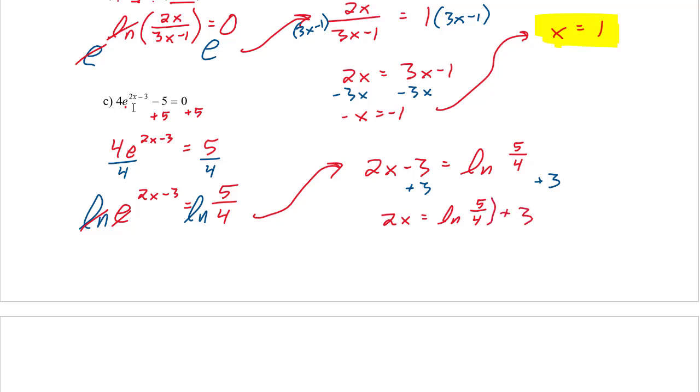Just to make sure that the 3 is outside, maybe I'll introduce a parenthesis to close that natural log. And then the last step would be to divide the 2 over. So my final result on this one would be whatever the natural log of 5/4 plus 3 is, if I divide it by 2.